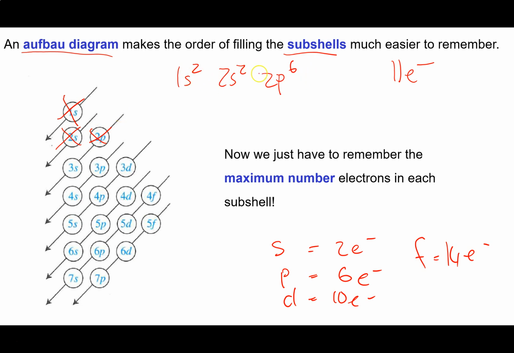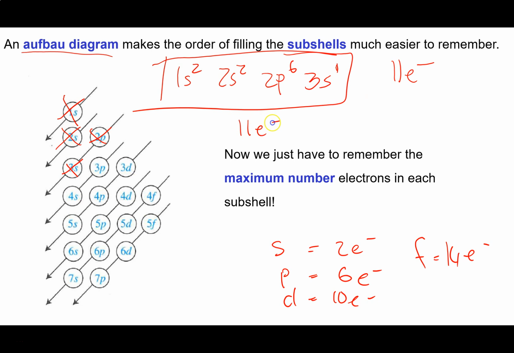And then I'm still not at 11, I'm only at 10. So then I go 3s, because I'm in here, and I need to put 1 in there. And there you go, I've got the electron configuration for a sodium atom. It's got 2 plus 2 plus 6 plus 1, and that adds up to 11 electrons. So super easy if you've got the Aufbau diagram and know how to use it.